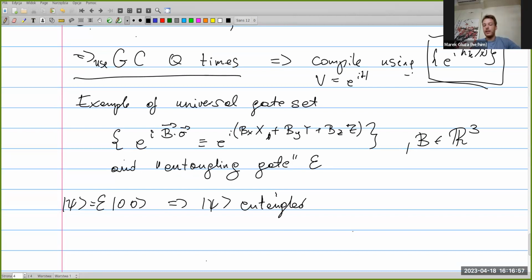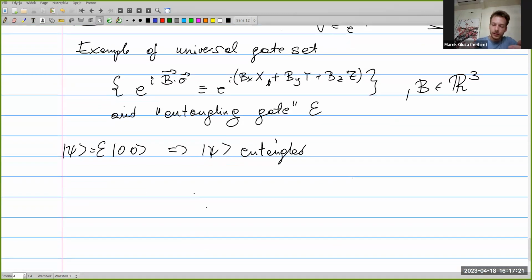So entanglement is a resource for certain types of quantum computations, and in some way this is a different type of information, or correlation, that makes the quantum computer different from a classical computer. So I will give you an example of this entangling gate.